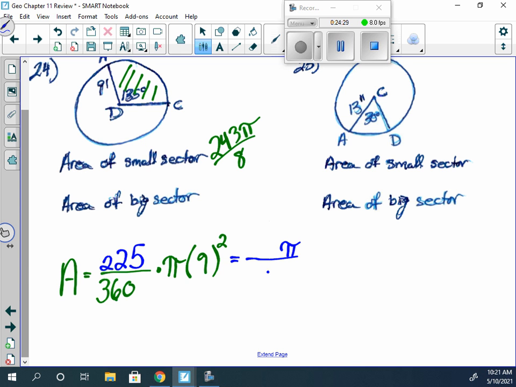Pi, I have a feeling it's going to be 8. Because 225 over 360 times pi times r squared would be 405 pi over 8.